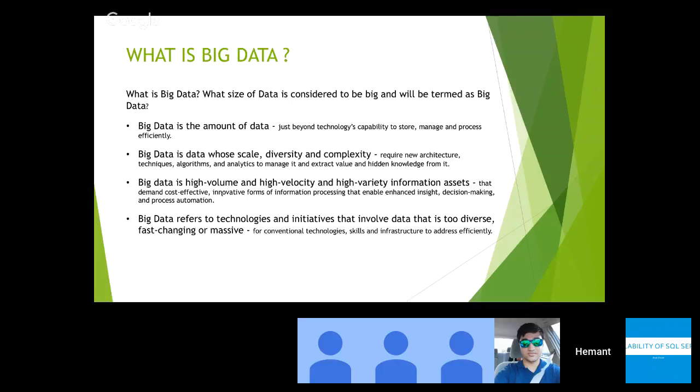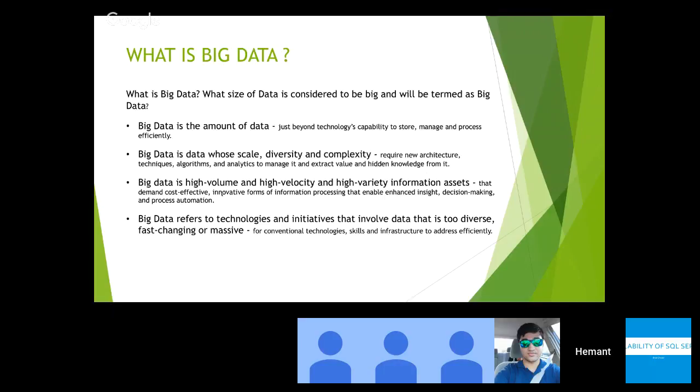The other reason is that big data is data whose scale, diversity and complexity requires new architecture, techniques, algorithms, and analytics to manage it. I mean, it scales, like we can take the example of Google search, or Facebook. The data just scales exponentially every day, and the diversity of data we are dealing with these days is enormous too.